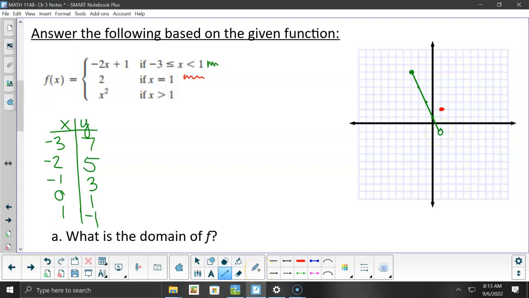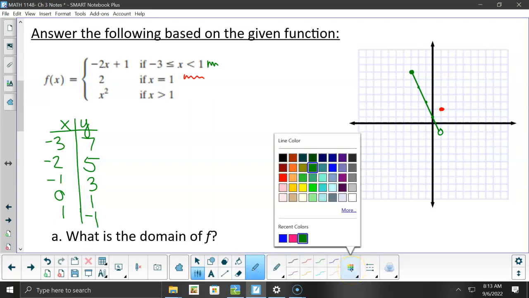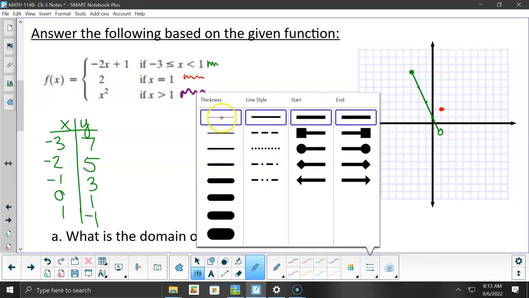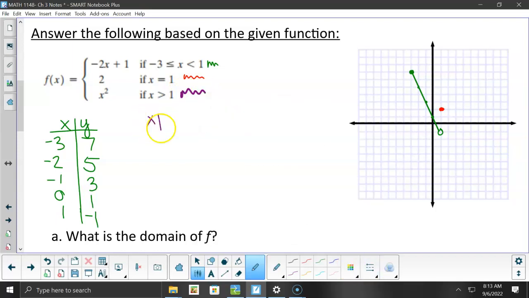And then what color do we want to make for that bottom part? Purple. A different purple or same purple I always use? I can go like that one. One above it? Okay. Ooh, hang on. All right, so for that one, it's just x squared, but we're starting at 1.